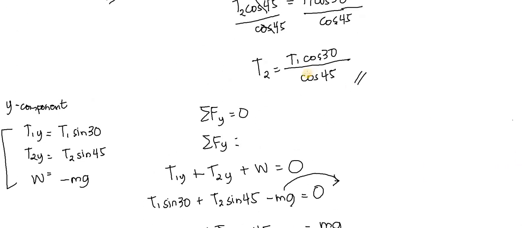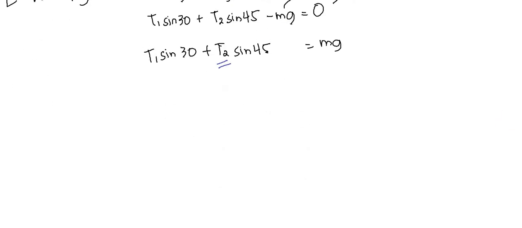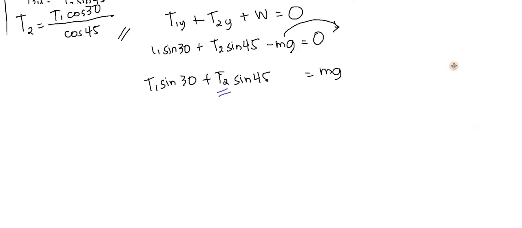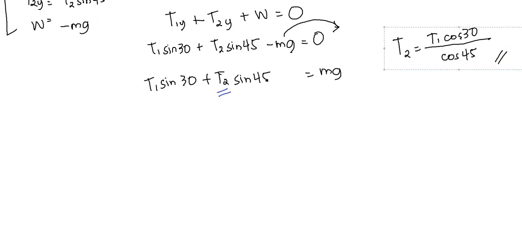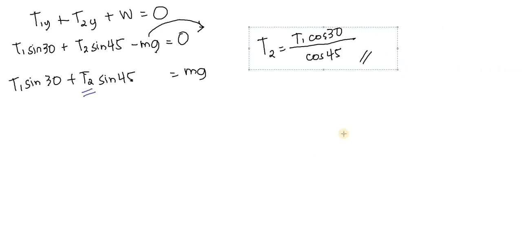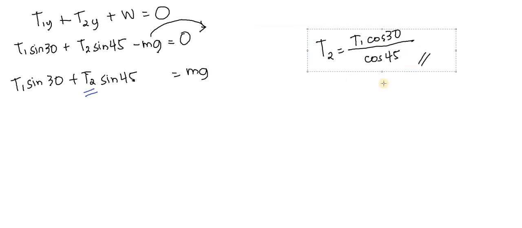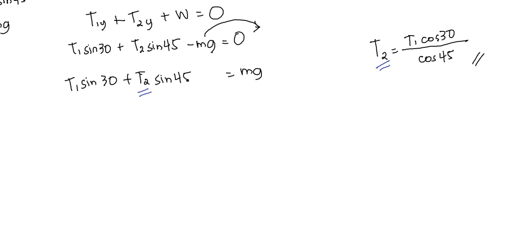So let's go back to our solution. This is the value of your T2. A while ago, using the summation of the x component, we were able to arrive at this equation. Now we'll substitute it here so that we only have one variable, which is t1.